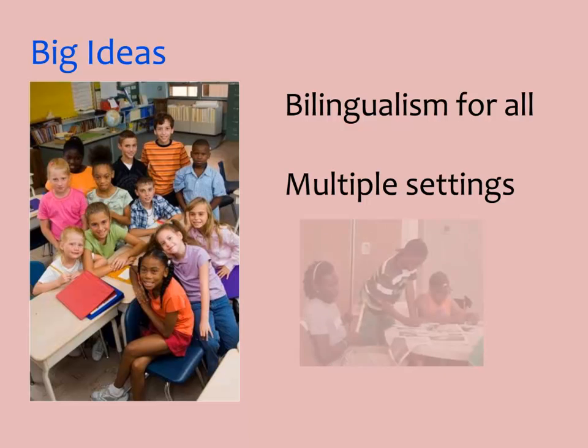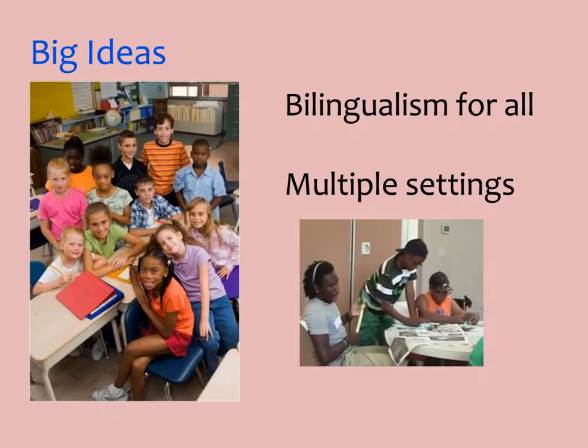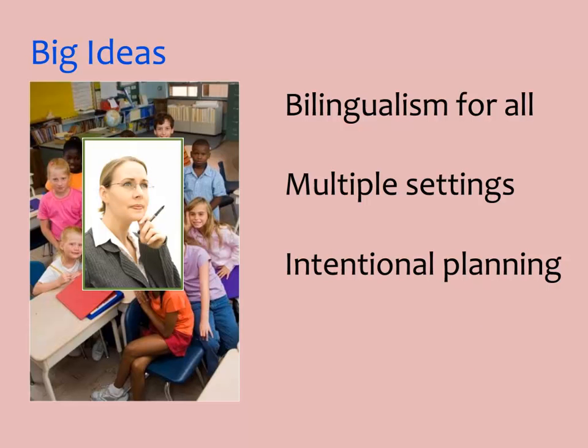The second big idea is that academic bilingualism results from participation in a variety of settings, each of which support different aspects of language and concept development. The third big idea is that teachers need to intentionally plan for these groups of students so that bilingual learners can access both the language and the concepts of the academic curriculum.